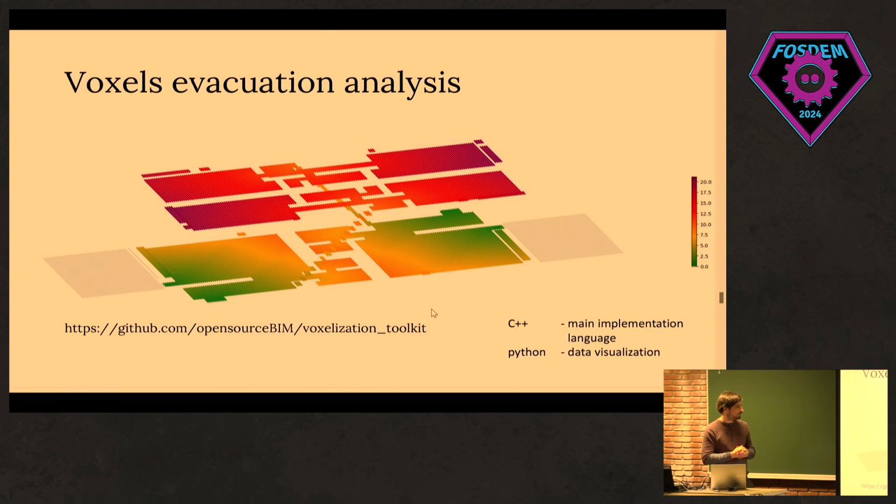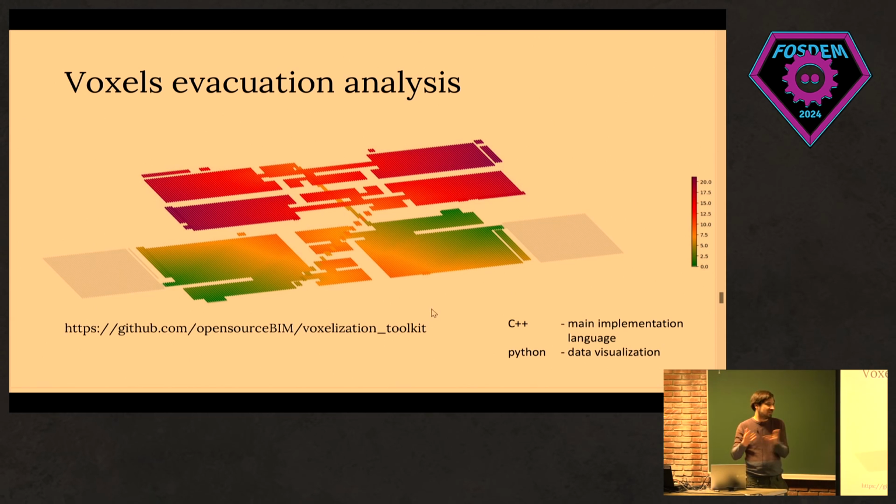So if you would want to union all these building elements in OpenCASCADE, it just wouldn't work. It's not robust enough. In CGAL, it will take a considerable amount of time. And in voxelization, I wouldn't call it instant. You have to deal with a different set of challenges.